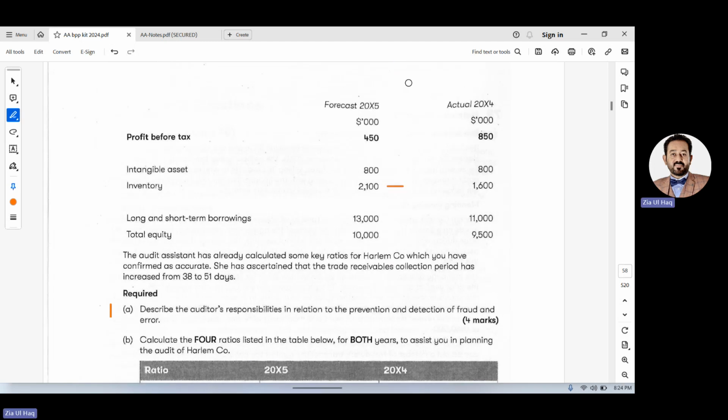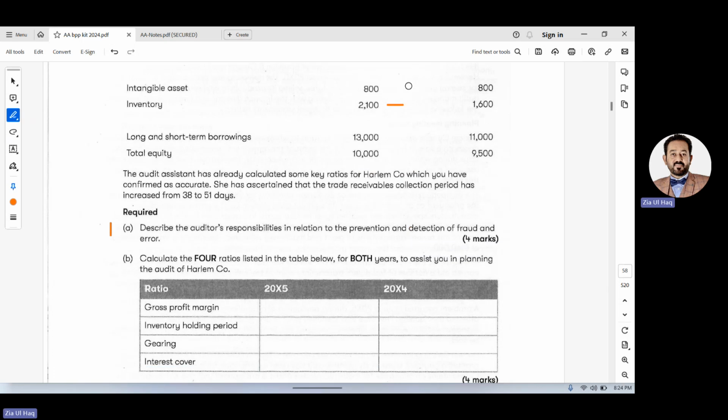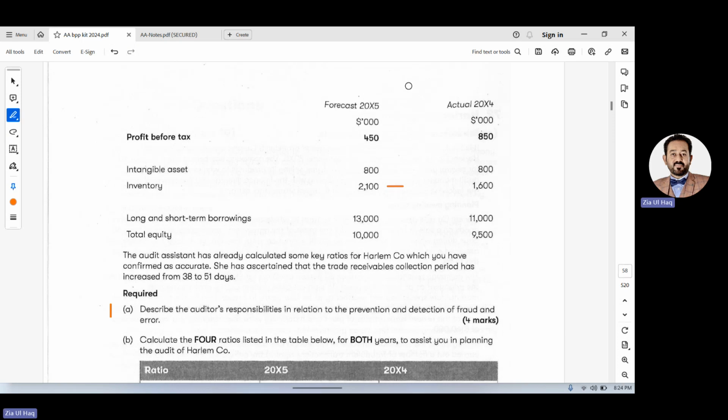Okay, what else do we need to calculate? We need to calculate gearing. How to calculate gearing? Debt over debt plus equity. This is debt and this is equity. Debt over debt plus equity means 13,000 divided by 23,000 into 100. 56.5% for 20x5.